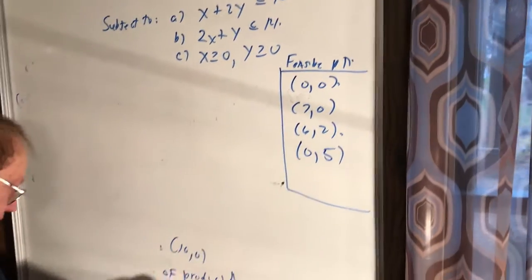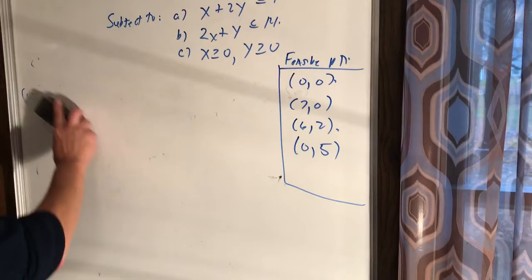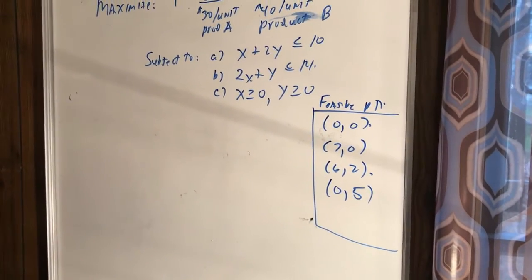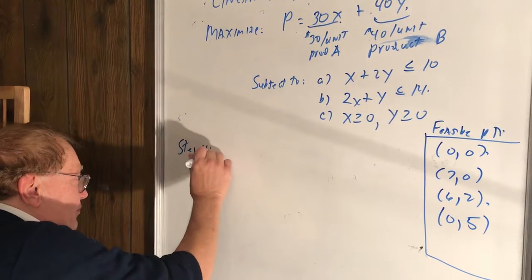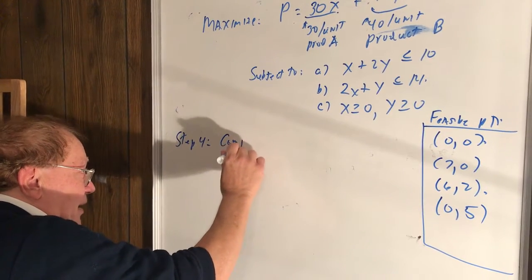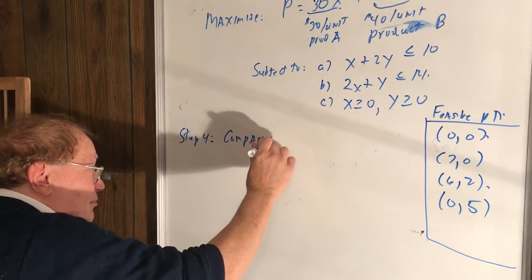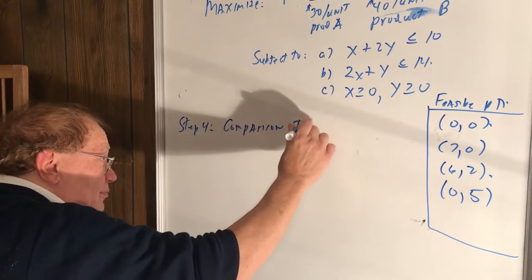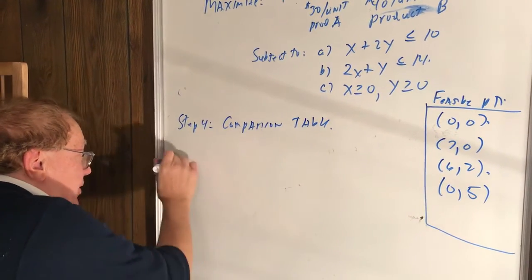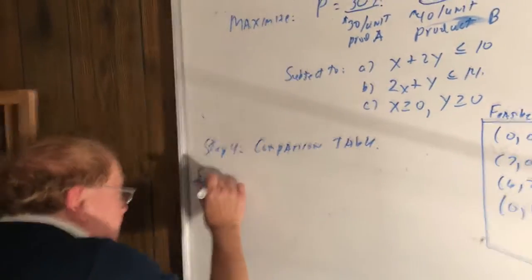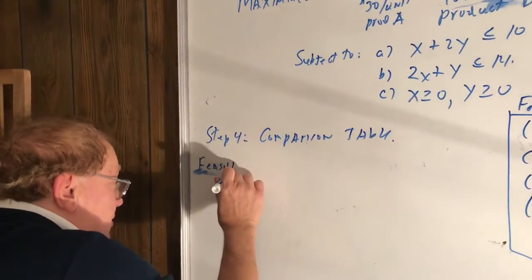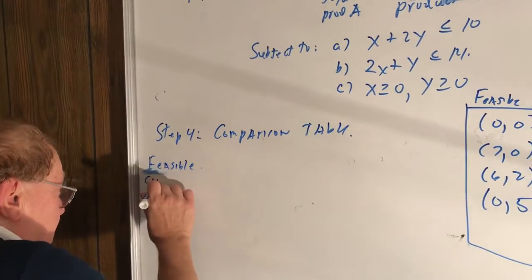And the next step is to develop a comparison table. So I believe step 4, you want to make a comparison table. What we're going to do is have on this side feasible corner points.